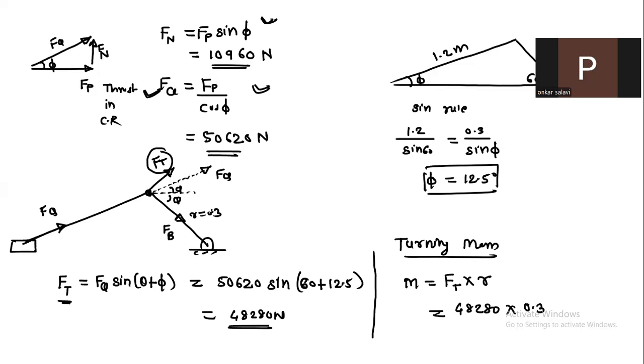This Ft times radius is nothing but M. So that is equal to 14,484 Newton meter. So in this way, we can find out the various forces and the turning moment in the slider crank mechanism.